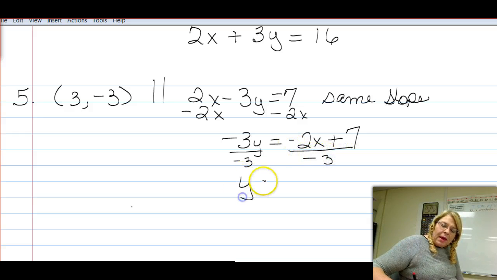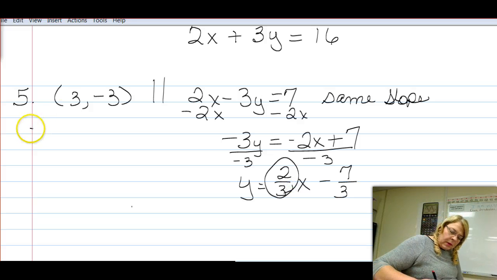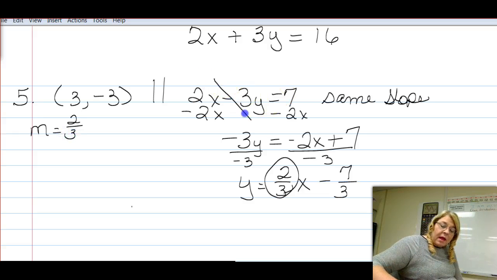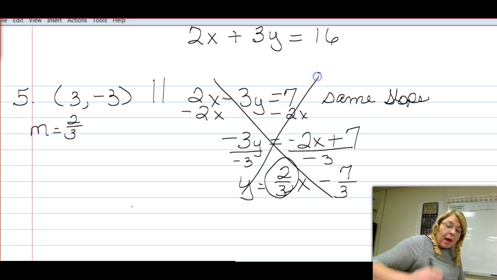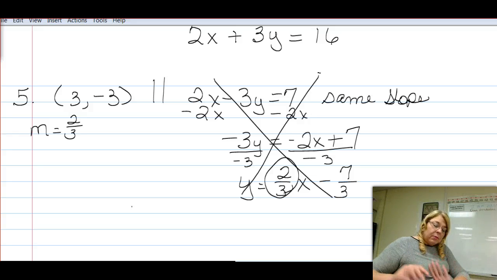So the slope I am using is going to be positive 2/3 x. All I wanted to know about this line was what was its slope. I'm not going to use it anymore. I need to deal with the slope that I've been given and the point I've been given.